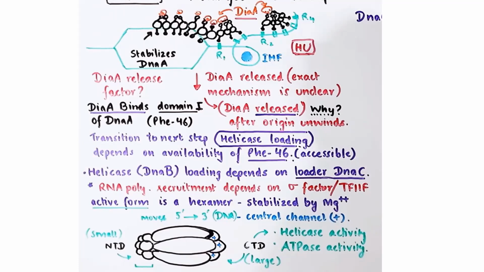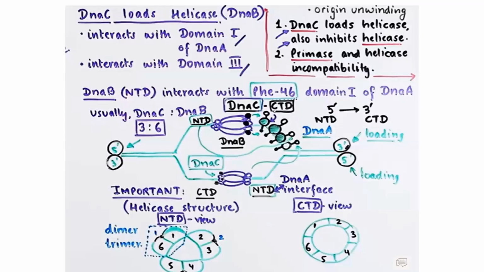The smaller C terminal domain is the one which has the helicase activity, and it also has the ATPase subunit to power the helicase forward. To load the helicase, DNA C interacts with domain 1 of the DNA A protein, which is already at the origin, and the loader protein also interacts with domain 3 of the DNA A. The additional help in the loading of helicase comes from the helicase itself.